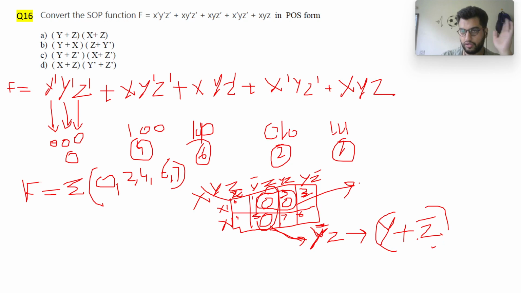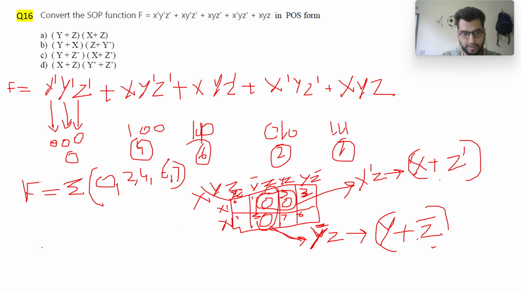Then this, if it was a SOP form, it would have been x bar z. Now first term, that is x bar, its complement is x, then the AND gets replaced by OR. This z, we have to take complement, so it's z bar, x plus z bar.